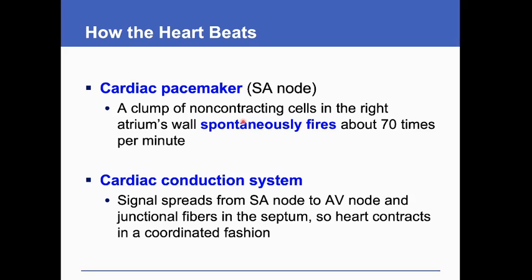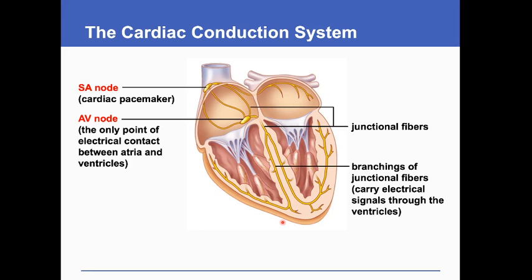So the signal goes from the SA node to the AV node to junctional fibers down the septum, and here is the SA node, here's the AV node, here's the junctional fibers in the septum spreading out over the heart muscle. Now you can see lots of things. Now you can see why the atria contract first.